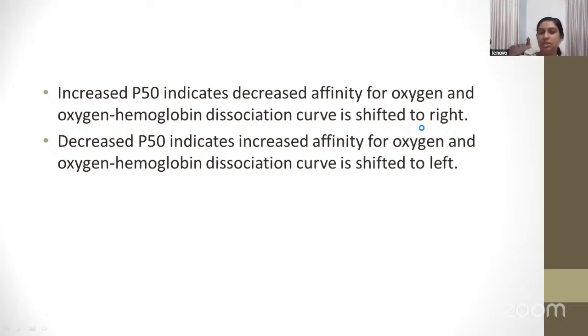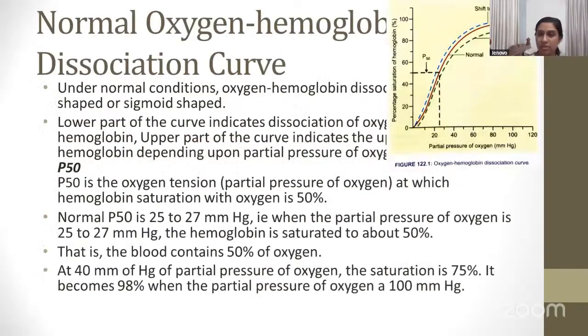That will lead to the dissociation curve shifting to the right. Here the x-axis indicates the partial pressure of oxygen, and this indicates the percentage saturation of oxygen. If it is shifting to the right, it means that even at a higher partial pressure of oxygen, the saturation is only less.